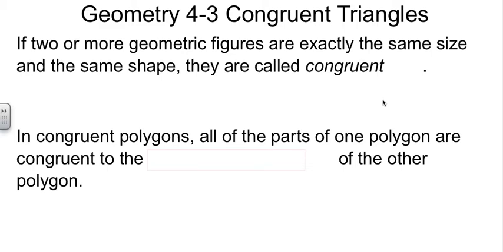And when we have congruent polygons, all of the parts of one polygon are congruent to the corresponding parts of the other.